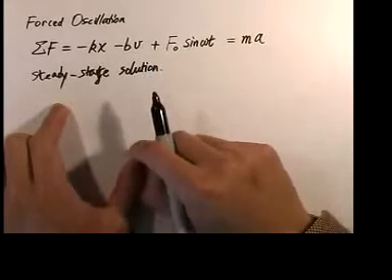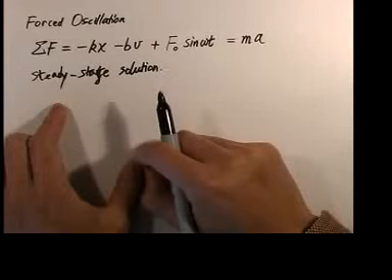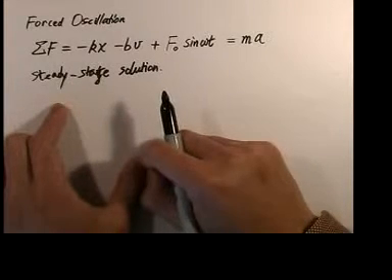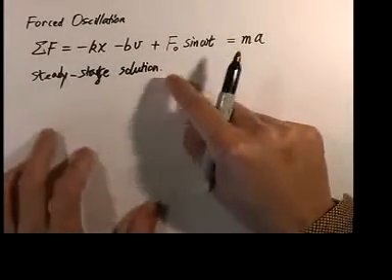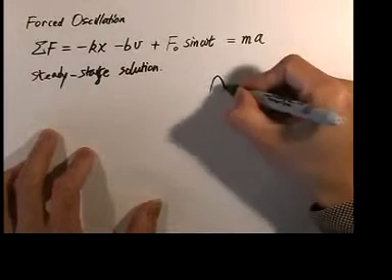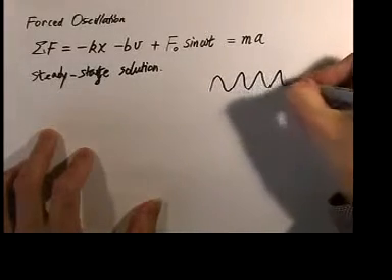It tells me that at that point, when that stage is reached, there is no longer any net change in the energy of the system, which means the amplitude of the system must be a constant. That is the so-called steady state solution. So in a steady state solution, I have just a fixed amplitude oscillation.